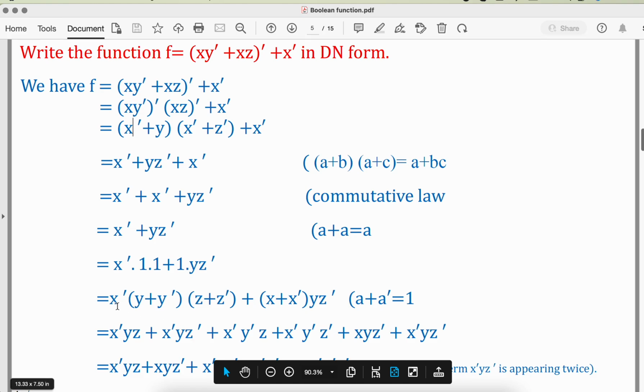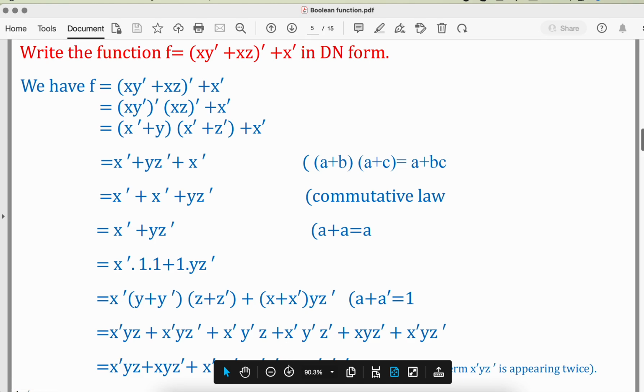For the second term we have x dash y dash into z plus z dash, so x dash y dash z, x dash y dash z dash. Again here, x into yz dash, x dash into yz dash. Here dash represents the complement.